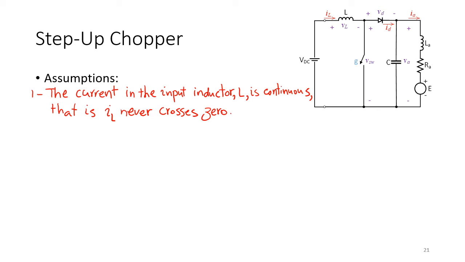First assumption. Secondly, we assume that capacitor C is large enough so that the voltage VA is constant.